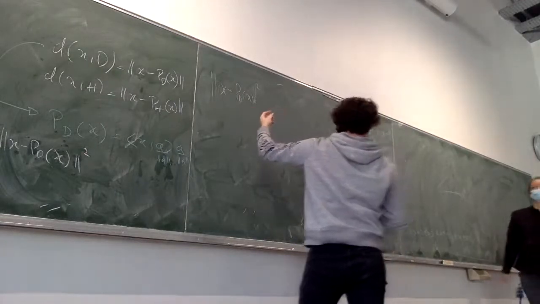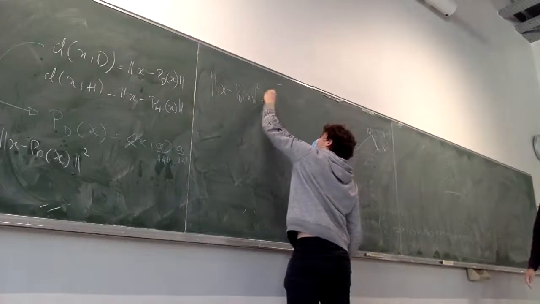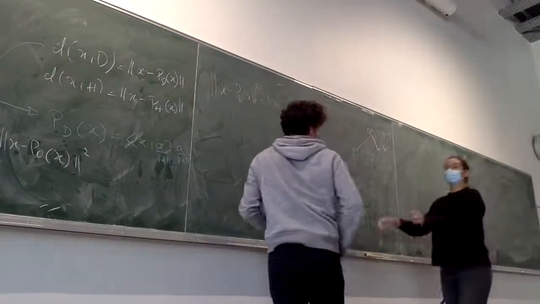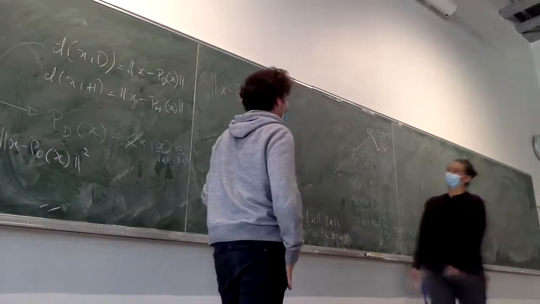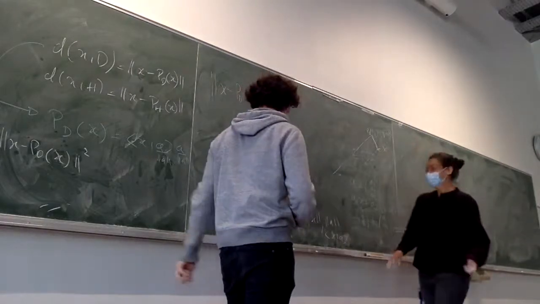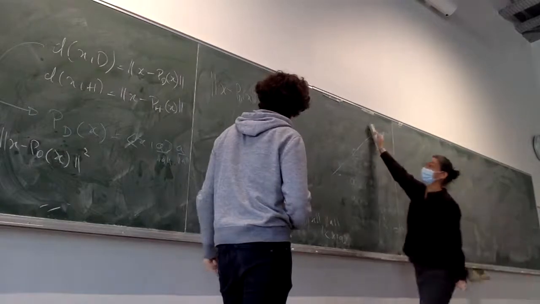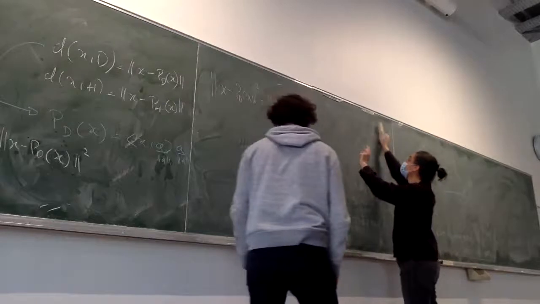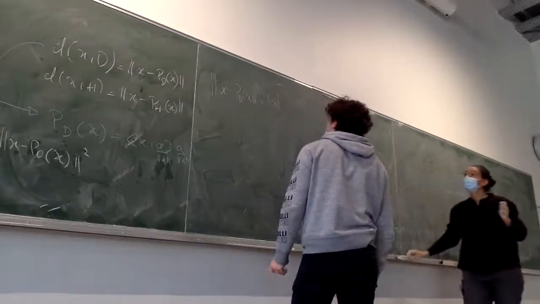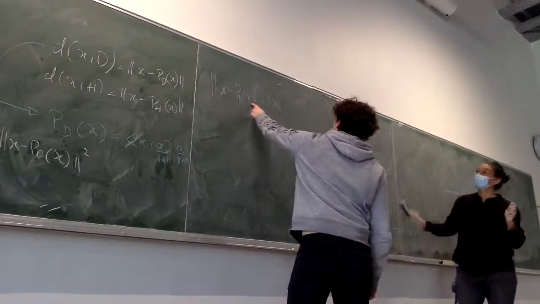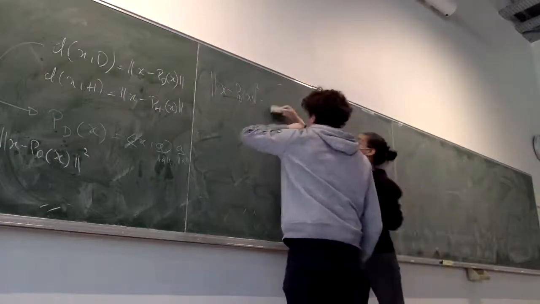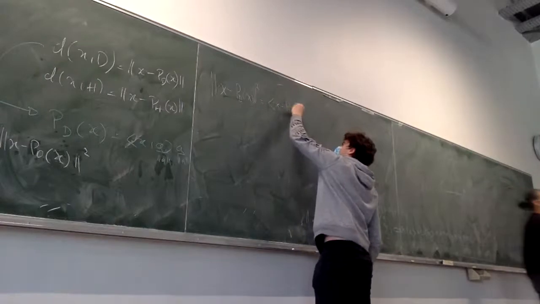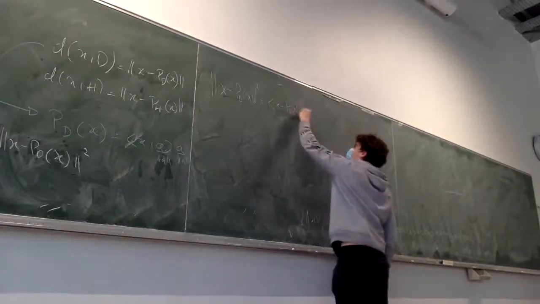You have to write it. If I don't know the formula by heart, let's find it again. Just expand it as the inner product of x minus p of x with something. So I just do the inner product of them. You get back to the definition of the norm. Yes, indeed, you've got a formula for that.